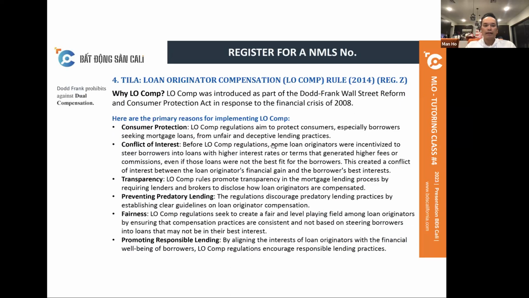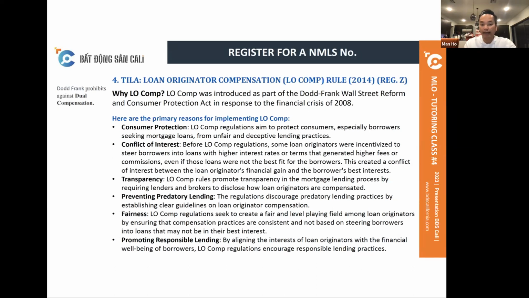Okay, why is there a LOCOM, right? LOCOM was introduced as part of the Dodd-Frank Wall Street Reform and Consumer Protection Act, in response to the financial crisis in 2008. Some of the reasons include consumer protection, trying to prevent conflicts of interest, and making sure there is transparency, so that the borrower will know everything before they take on the loan.